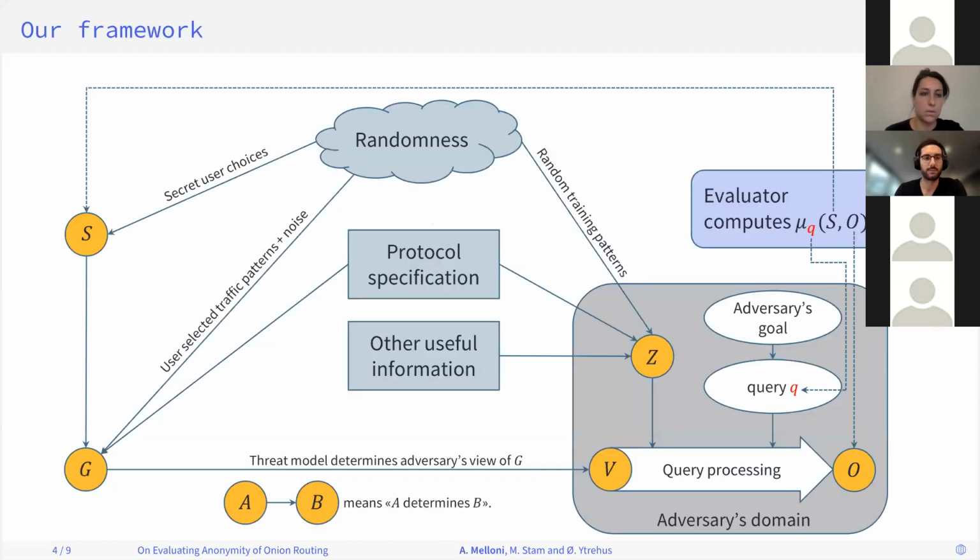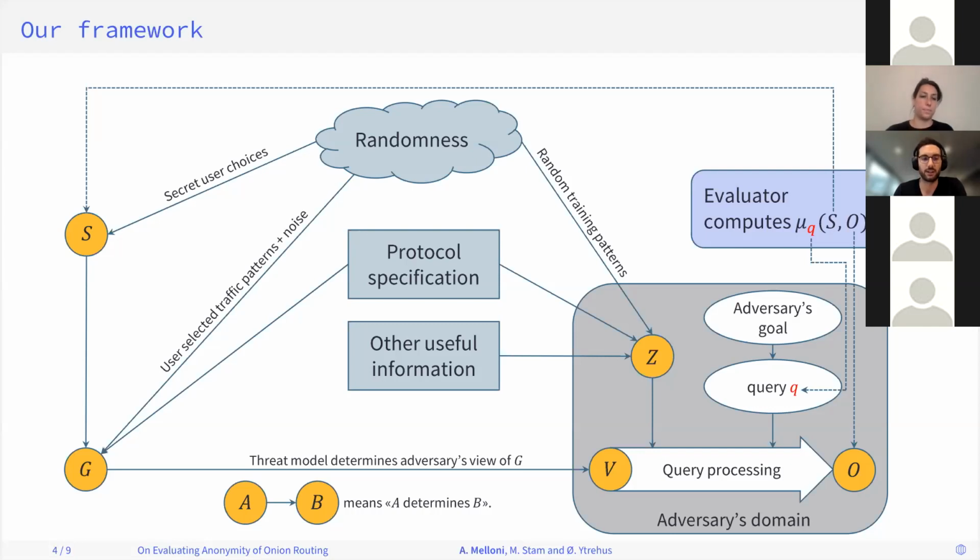Our framework is based on an attack game, the interaction between the attacker and the network, and we use several random variables to capture the different aspects of the game. S represents the secret, that is which users are connected to which destinations, and it determines G through protocol specifications.